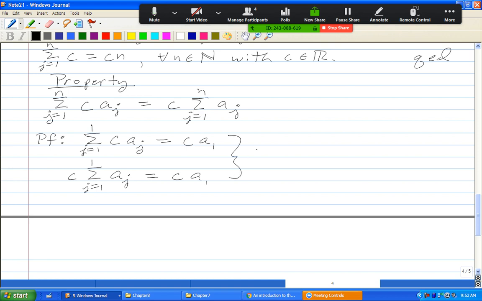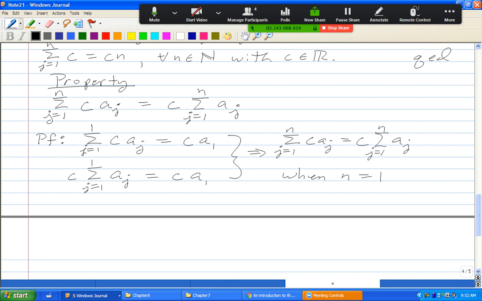So therefore, this shows that the sum from j equals 1 to n of C a j is equal to C times the sum from j equals 1 to n of a sub j when n is equal to 1. Good. So that shows the initial case.